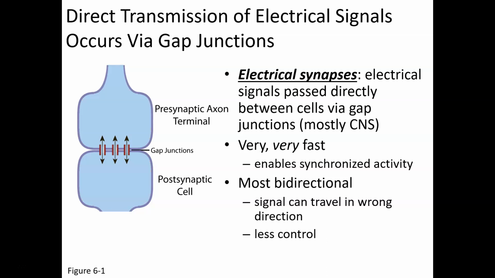One, most of the electrical synapses are bidirectional, which means the signal can travel in the wrong direction, and we have very little control over an electrical synapse. In the case of electrical versus chemical signals, we often favor a more controlled output, something like a chemical signal, over speed.